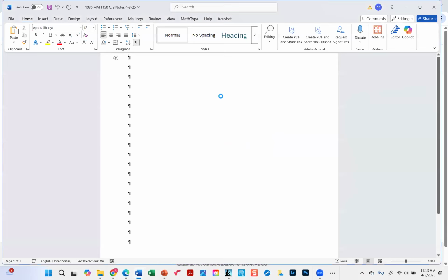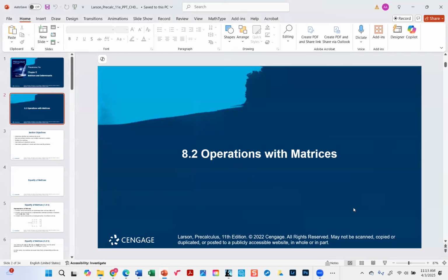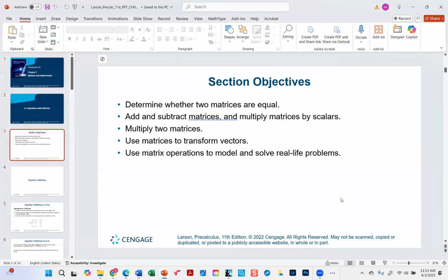If you go back to chapter, let's see, this is 8.2. Yeah, we'll start here. In 8.1, remember, they were just showing us how to solve simultaneous equations with the method of substitution and then the back substitution. Here, we just want to remember what matrices are all about.